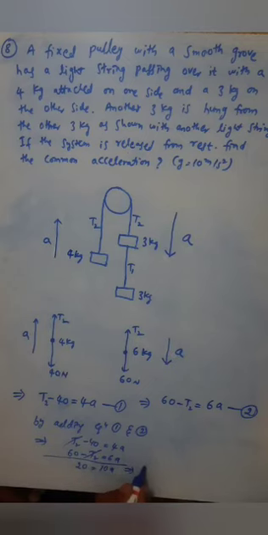So a is equal to 20 by 10, the 0s cancel, so it is 2. Therefore the acceleration is 2 meters per second squared.